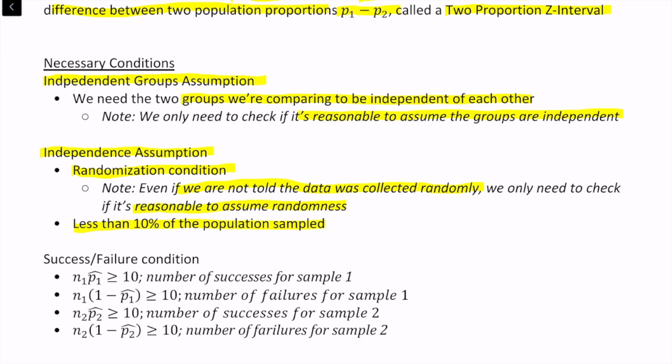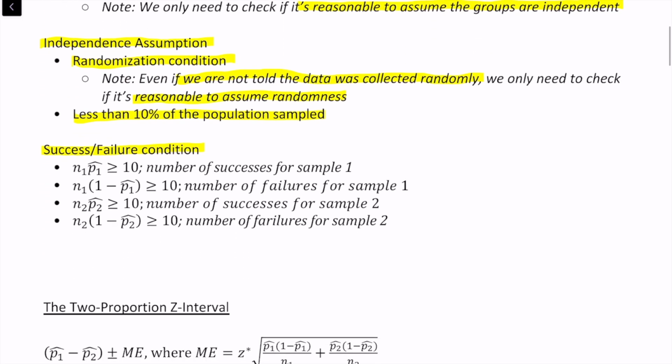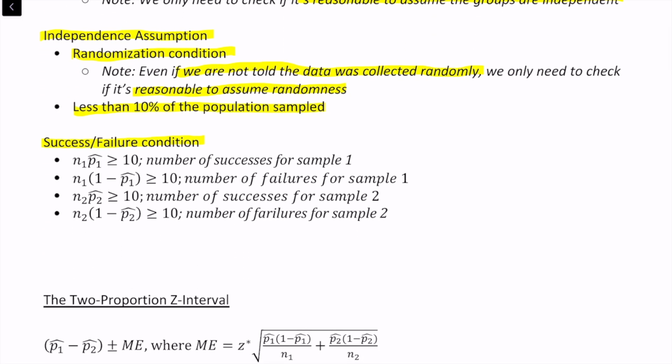Then, as you hopefully know, for proportions we have to ensure that we have enough successes and failures, which we often refer to as the success and failure condition. Usually we check n times p and n times 1 minus p. You may be asking why there are four checks here. Remember, we are taking two different samples.